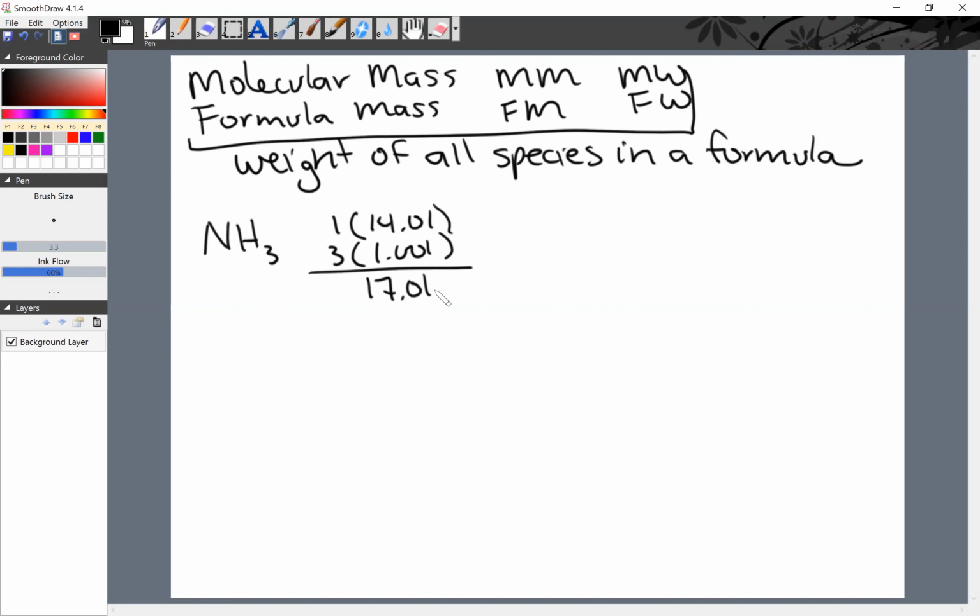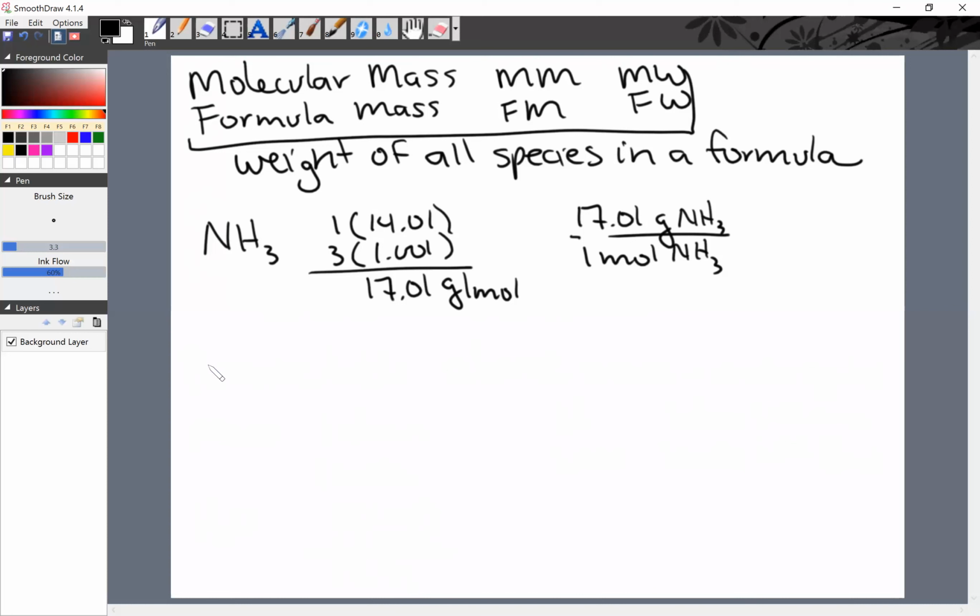And we're always going to use moles, so grams per mole. So you know that there are 17.01 grams of ammonia in every 1 mole of ammonia. And that is your ultimate cheat sheet, the periodic table, because it gives you a way to get between grams and moles.